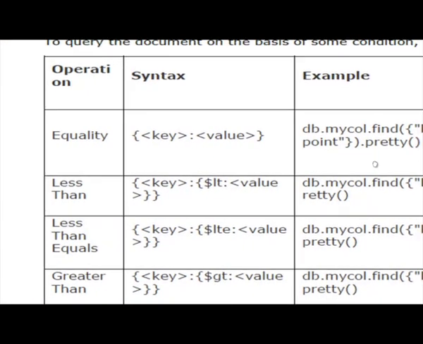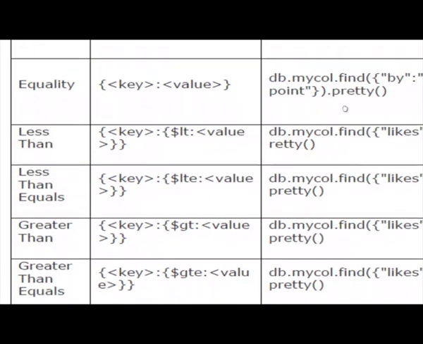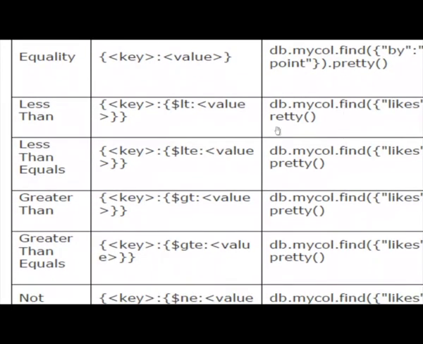The second type of operation that you can perform is less than. Here you make use of the key colon the corresponding value. $lt is the equivalent command for the less than operation.